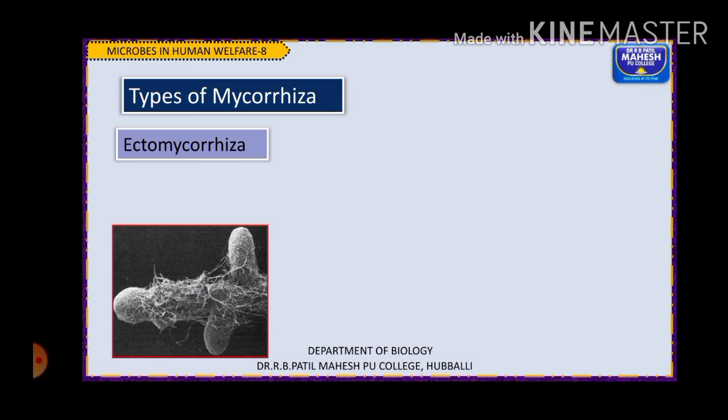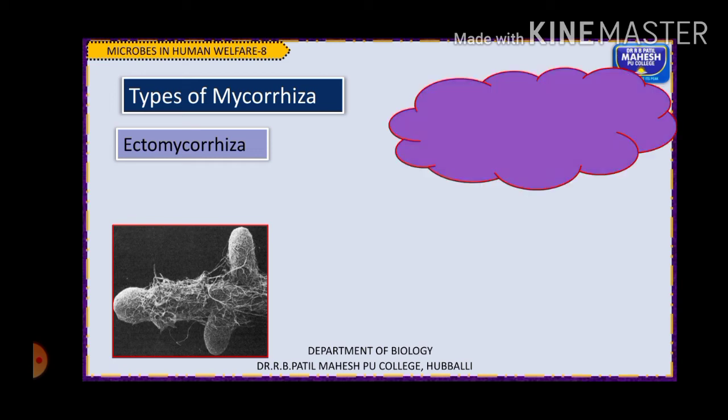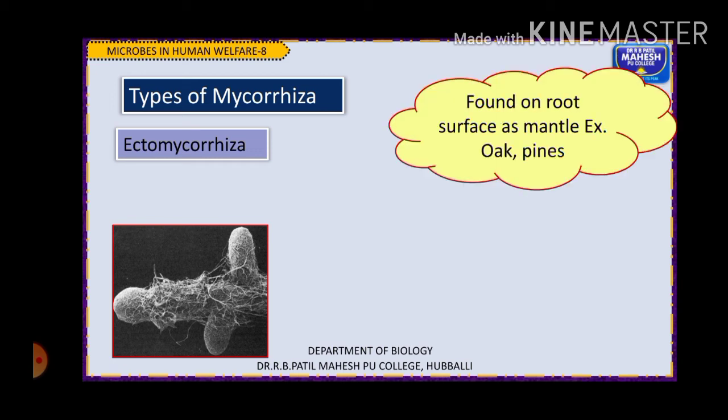So coming to the types of mycorrhiza. Depending upon the association, how it is present, the mycorrhiza are of two types, ectomycorrhiza and endomycorrhiza. Ectomycorrhiza are found on the root surface as a mantle. Here the fungal mycelia form the mantle, that is the outer sheath, on the root surface.